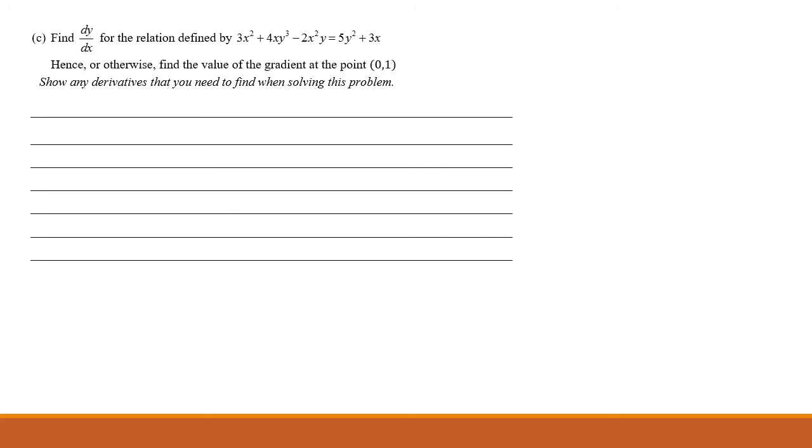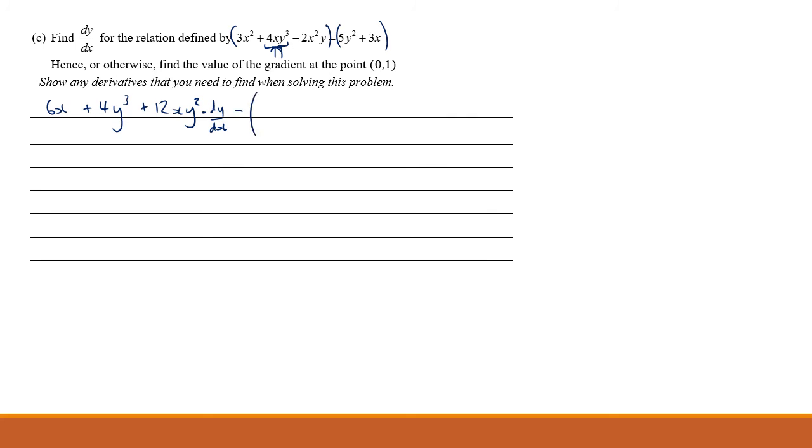So what you do is differentiate this side with respect to x and this side with respect to x as well. So let's just do that. So 3x squared differentiated with respect to x, 6x. Now this is the product rule, so you differentiate with respect to x first, and that will just become 4y cubed. Now differentiate with respect to y cubed, so that's going to become 4 times 3, 12xy squared, multiplied by dy by dx.